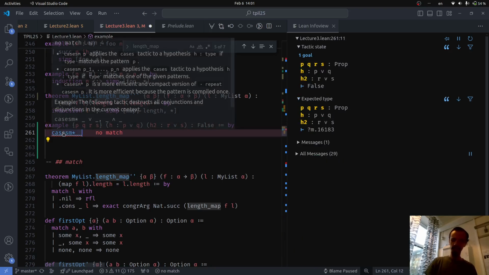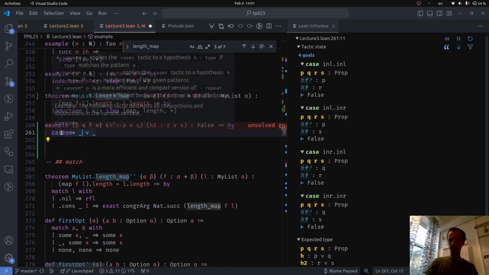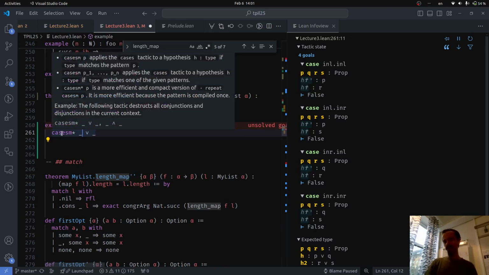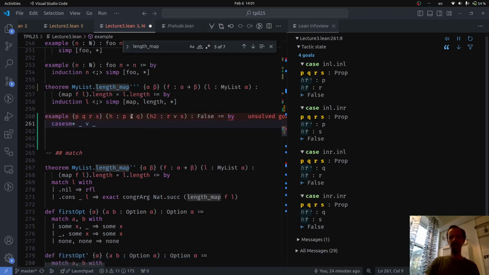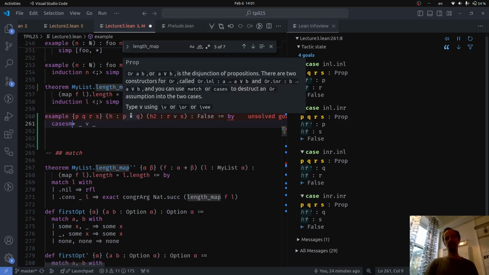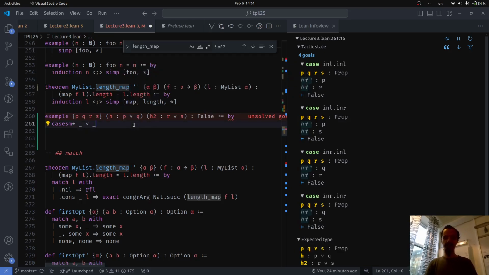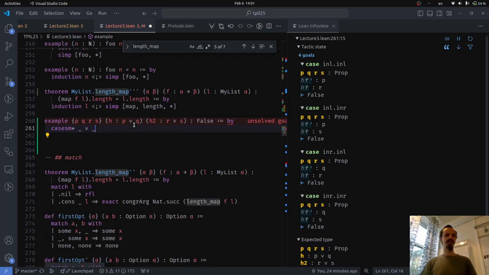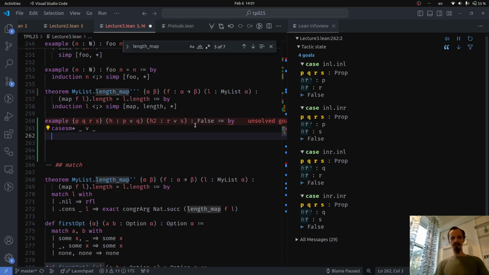I'm surprised that this doesn't work, actually. So that basically does the job, but it does require you to say what kind of constructor. Yeah, okay, but that's fine, I think. Did it work now? Yeah.